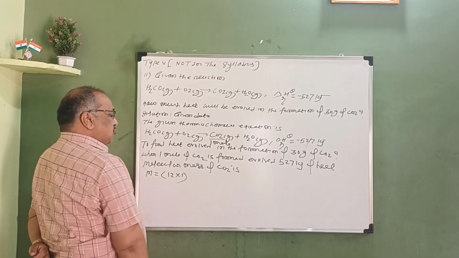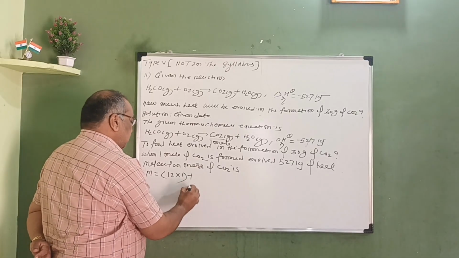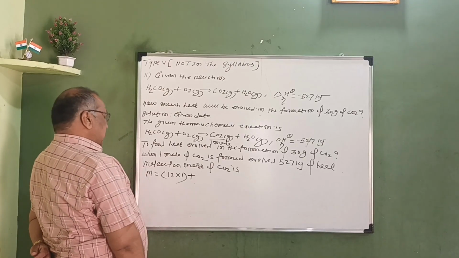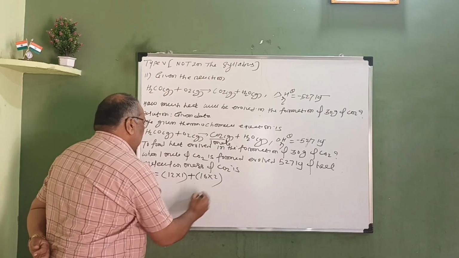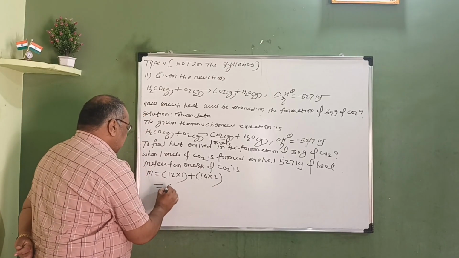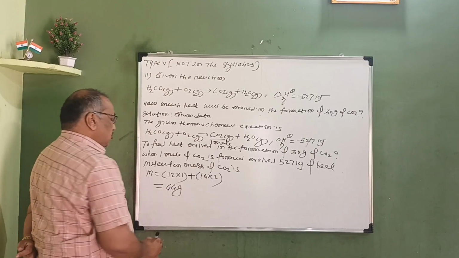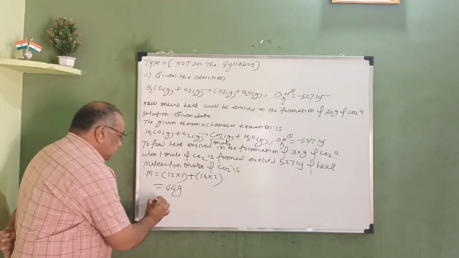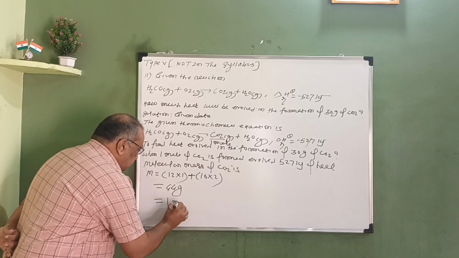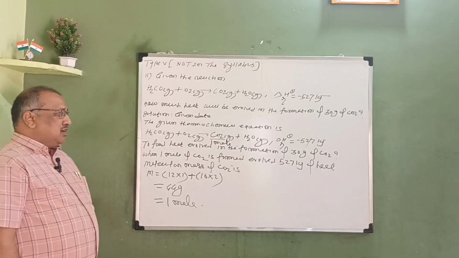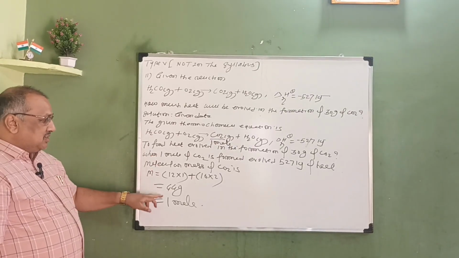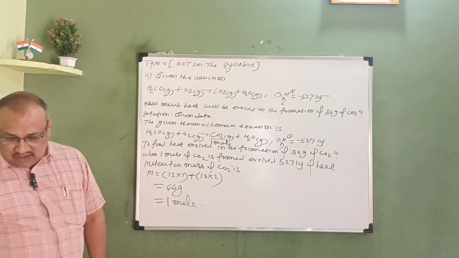That means 12 into 1 plus atomic mass of oxygen is 16. But there are 2 oxygen atoms and here 44 gram. That means 44 gram of CO2 means 1 mole. Now convert this line into the gram.